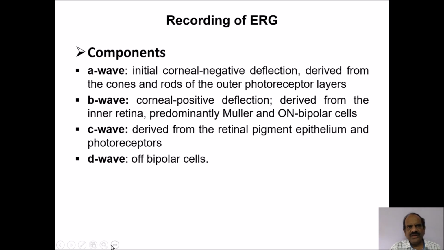The B wave indicates corneal positive deflection derived from the inner retina, predominantly Muller and on-bipolar cells. The C wave is derived from the retinal pigment epithelium and photoreceptors, and the D wave indicates non-functioning of the bipolar cells, or the off bipolar cells in other terms.